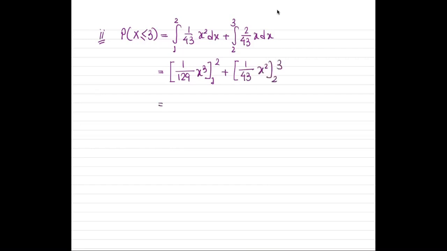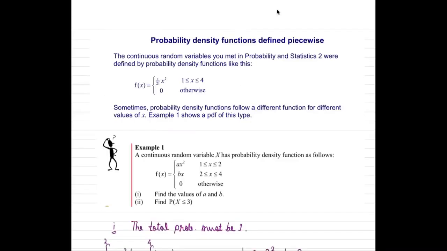So if I put the values here, 1 by 129 into 8 minus 1, plus 1 by 43 into 9 minus 4, we get 22 by 129. That's it. So this is all about the types of sums here, the topic, the probability density function defined piecewise.